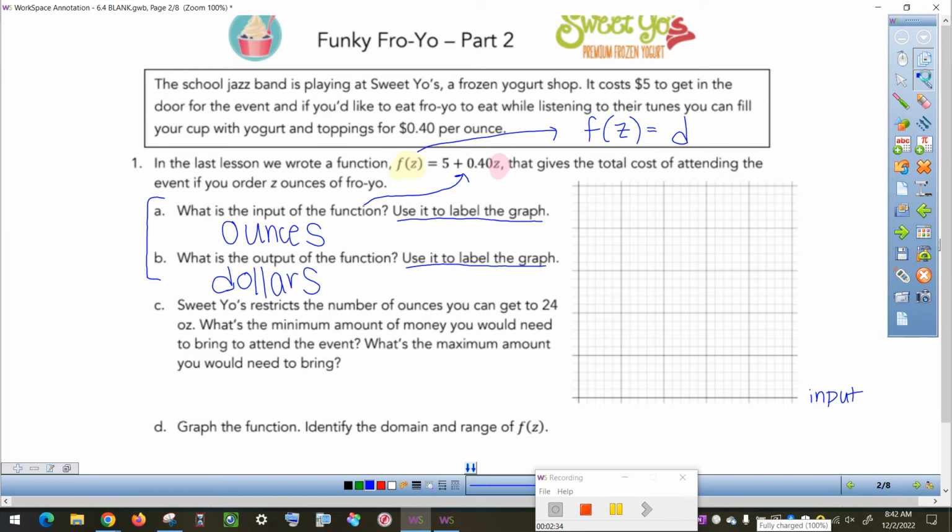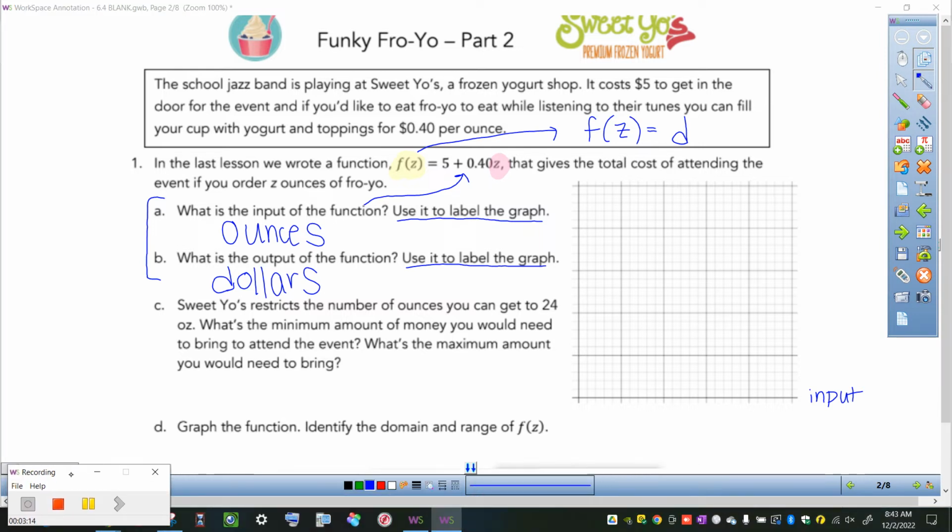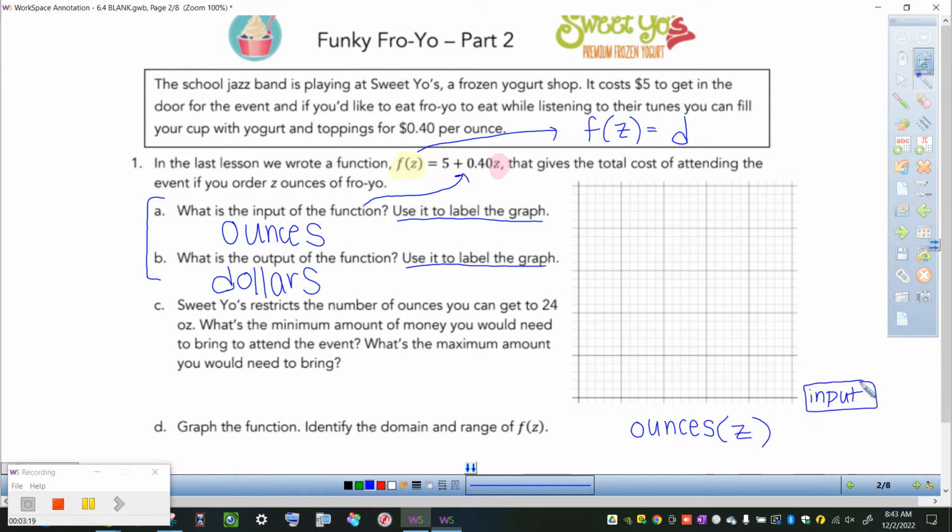If you have not already, our input on the x-axis is going to be the number of ounces. And if you can, I would leave a little bit of space so that we could also label some numbers on our scale there. So I'm just going to write that a little bit below. And I'm remembering that ounces is z. That's where the input goes.